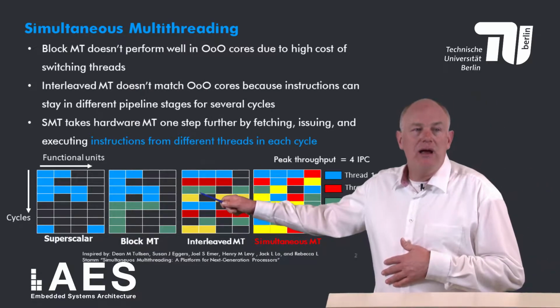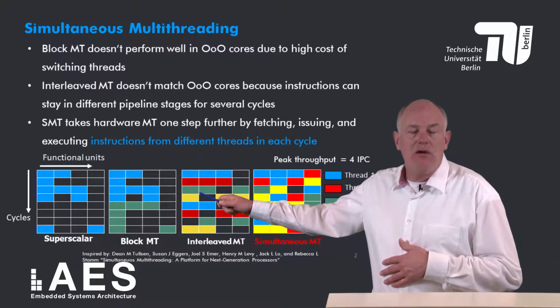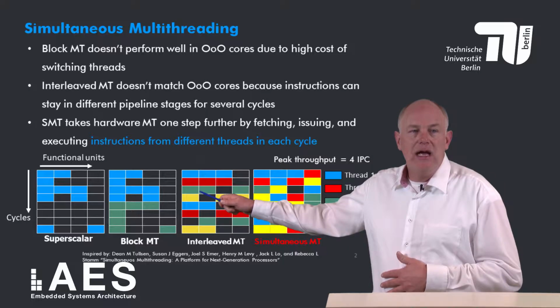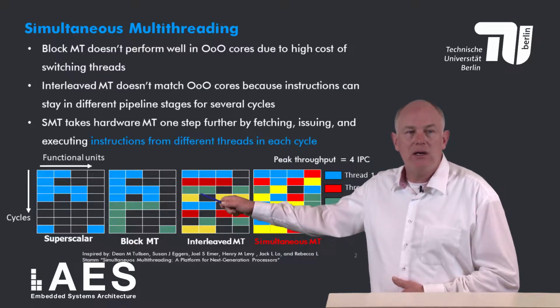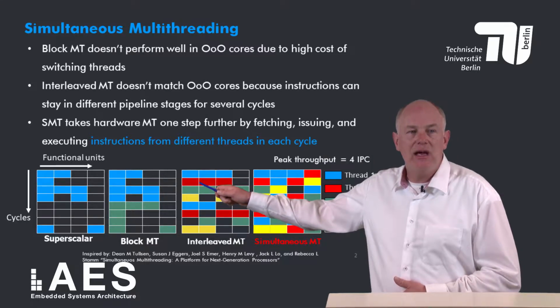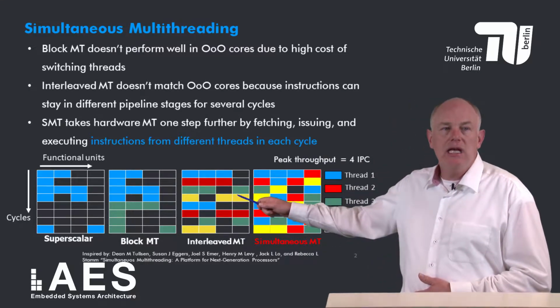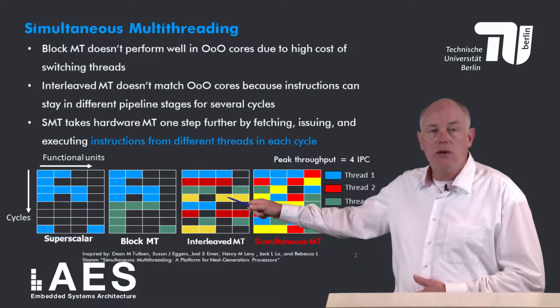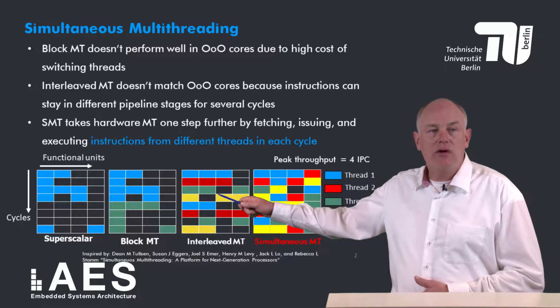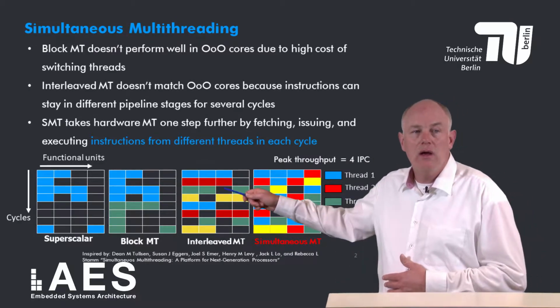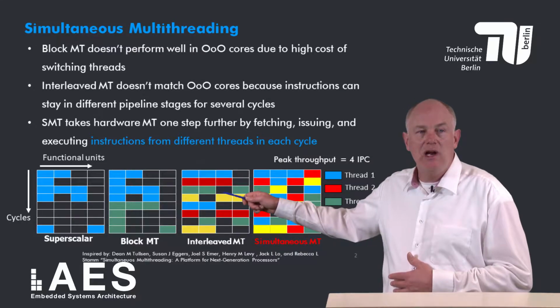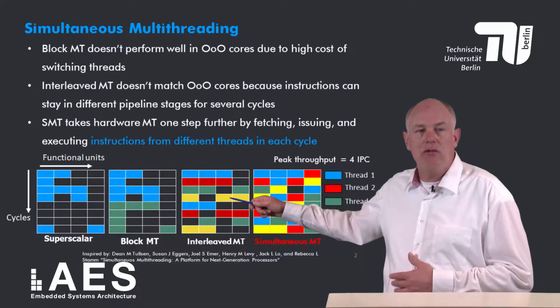So this figure on the left-hand side illustrates execution on a superscalar processor where we have all the empty issue slots. This illustrates coarse-grained multithreading, block multithreading, where there is a little bit of cost, and this cost is too high in out-of-order cores, but here I assume a cost of only one cycle to switch to the green thread.